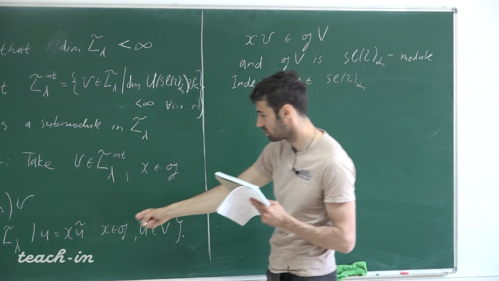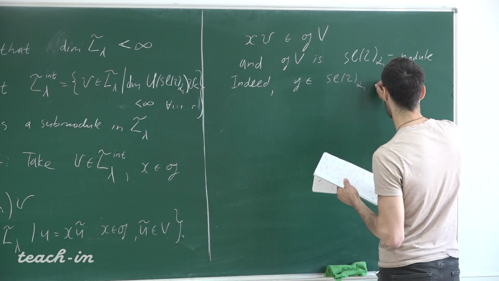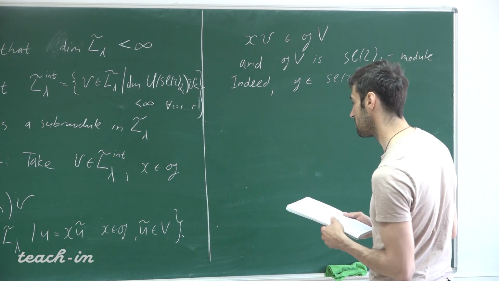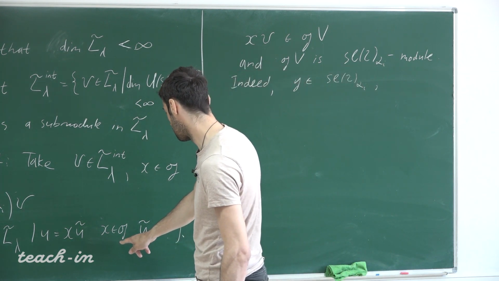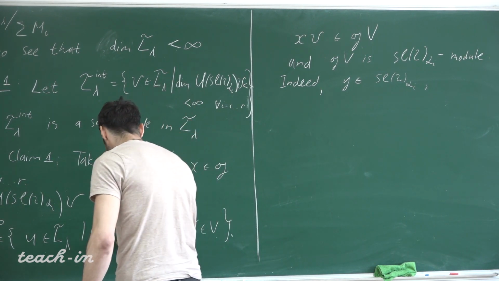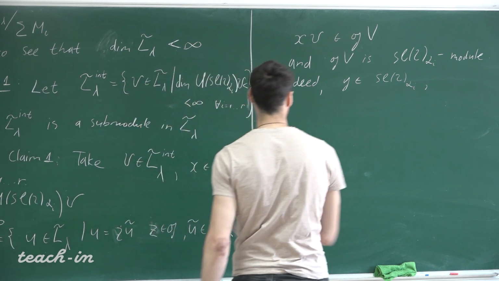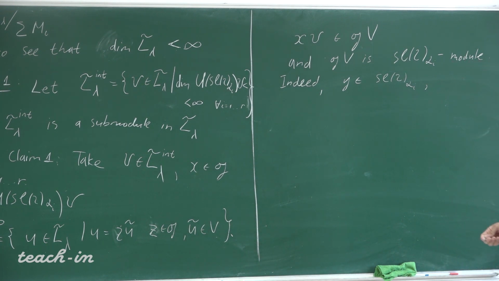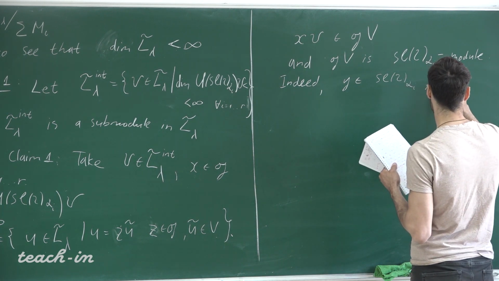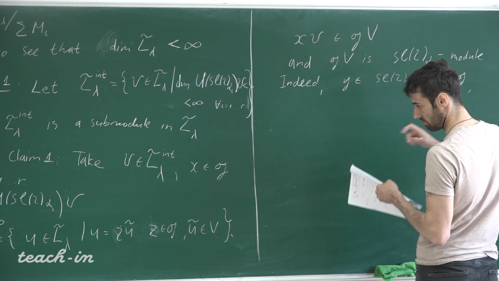Any vector from GV is of this sort, X times U tilde. This one is not really good because I fixed X, so let me change it to maybe Z, since I already fixed X. So let me take Y from here and then Z from G, U tilde from V.